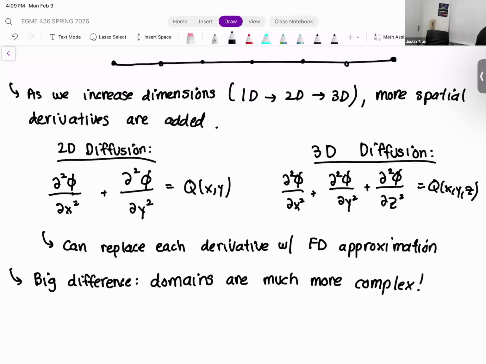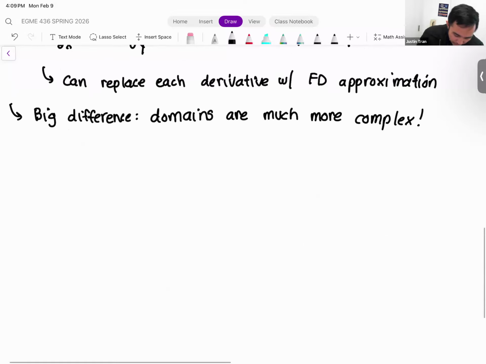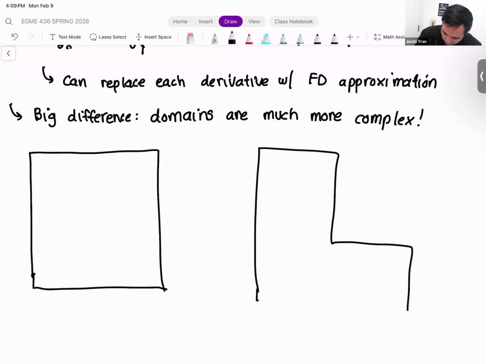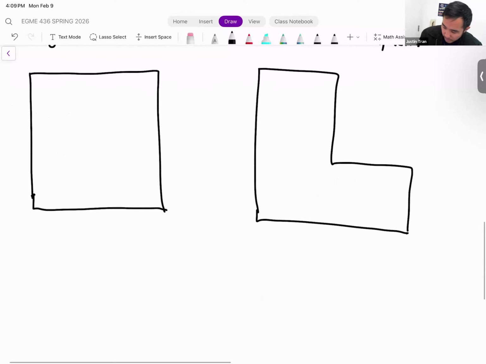In 1 dimension, we don't really have any variety. You can either have a long line or a slightly shorter long line. But in 2 dimensions, we have the concept of shape too. The very basic one is we can have maybe just a square domain. We can have an L-shaped domain, we can have a U domain.